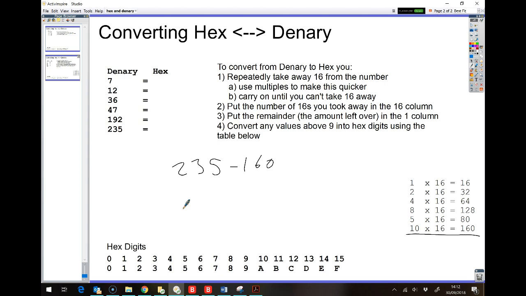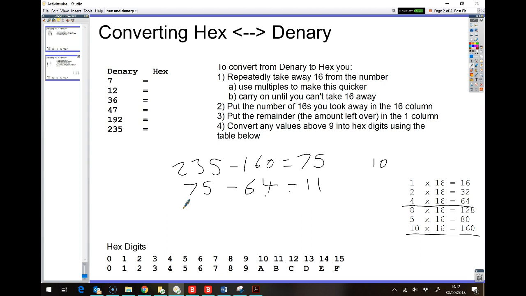So that will leave me with 75. And I took away 10 lots of 16 there. So from 75, I'm going to have a look at 64. So I've then taken away 64, so 75 take away 64 is equal to, in my book, 11.